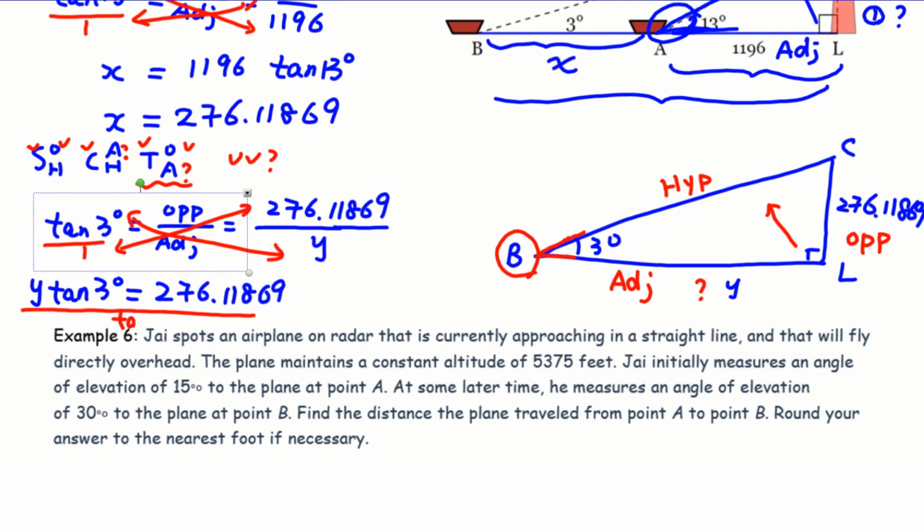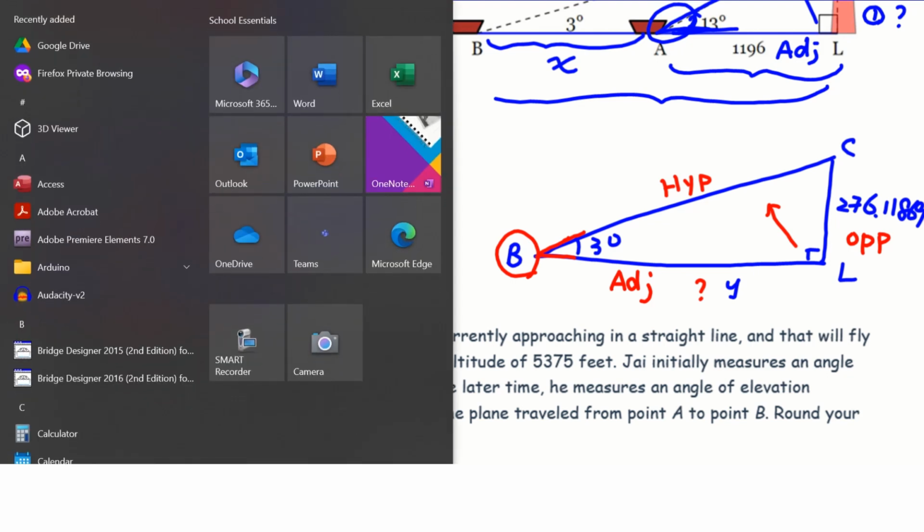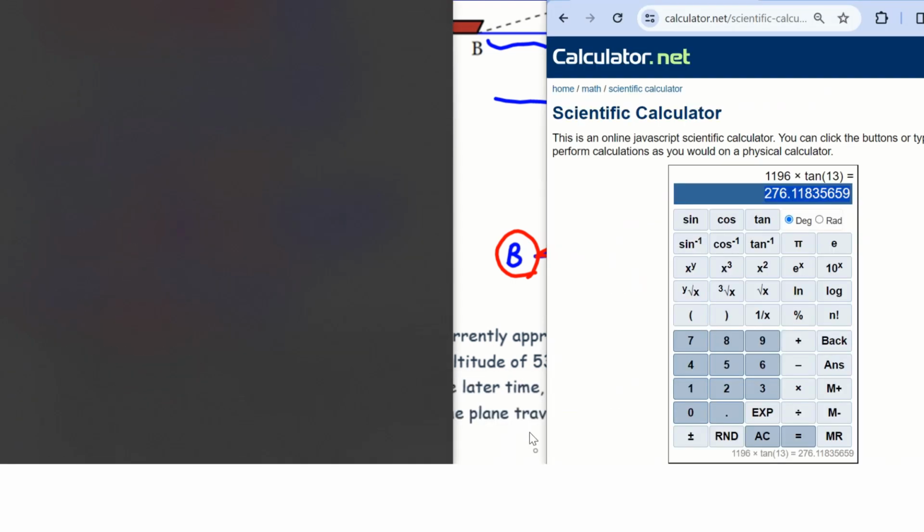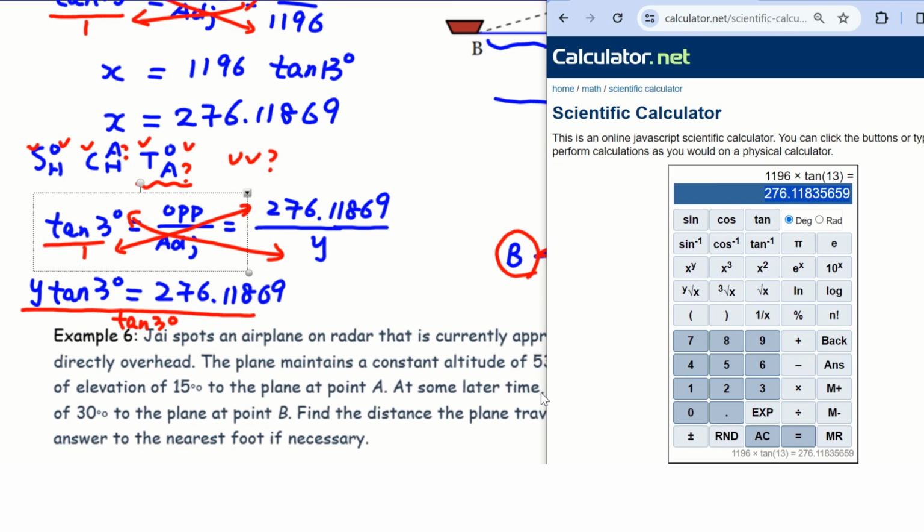Then use your calculator to find the answer. We can use the previous answer and continue. So just divide it by tan 3 degrees, bracket that, equals, we have 5268.